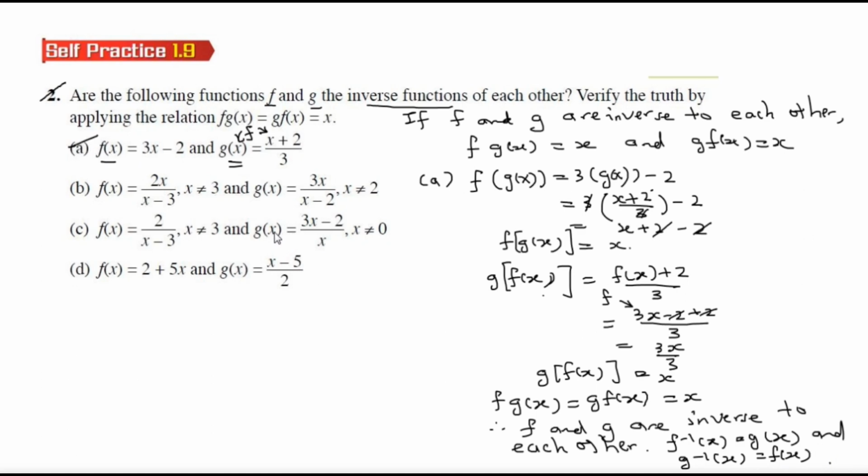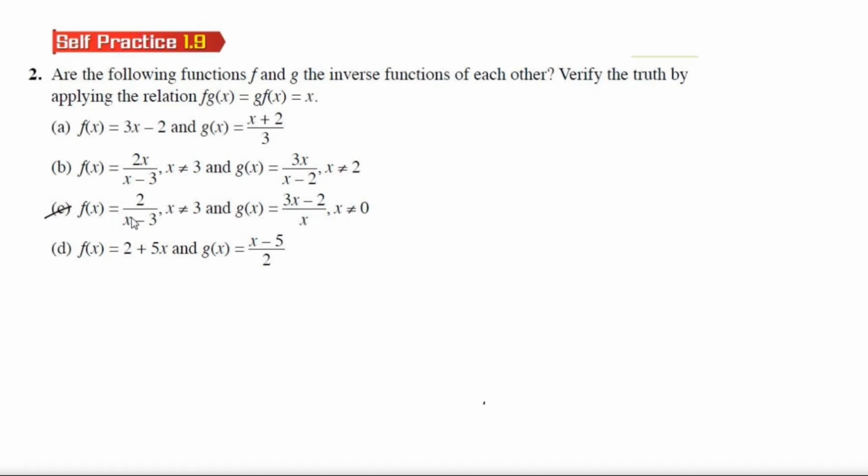Next, I will show you C. C, given f(x) is a rational function and g(x) also a rational function. So we are going to determine whether f(g(x)) is equal to x and is g(f(x)) also equals to x.